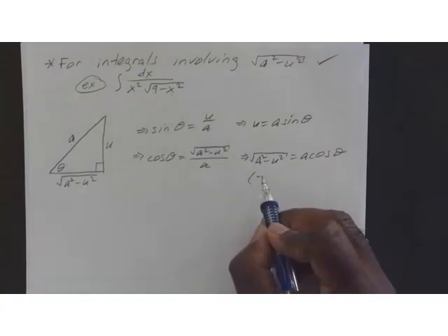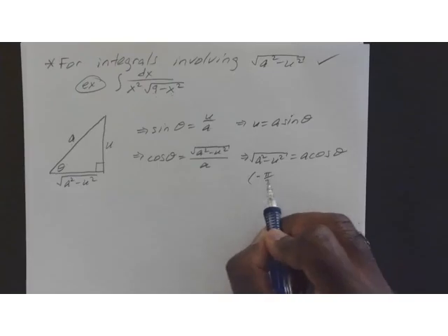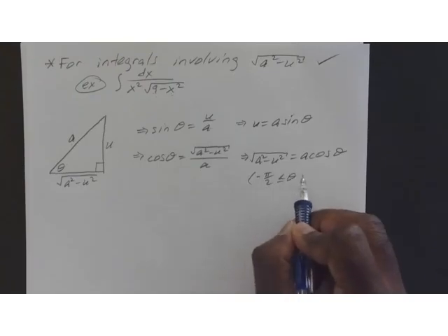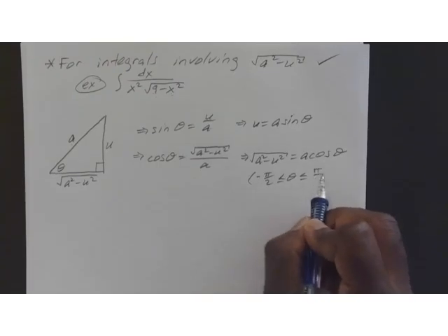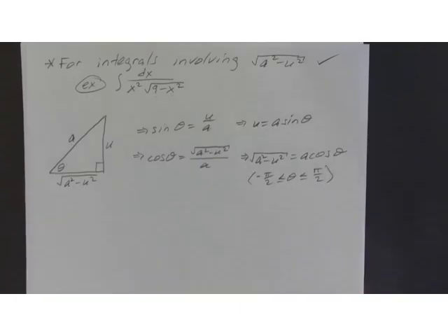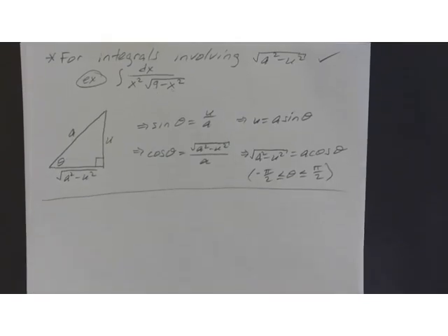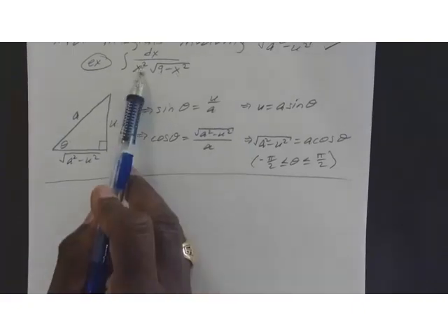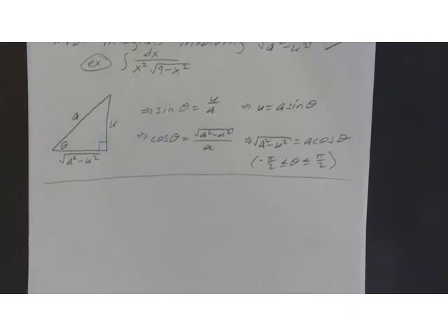As for the domain, negative pi over 2 to pi over 2. Okay, and we'll solve this one after we go over the formulas.